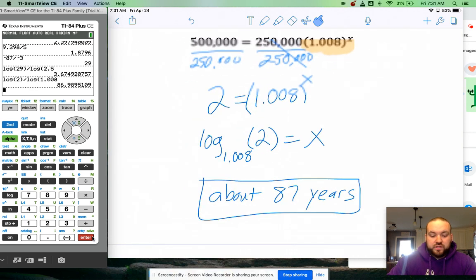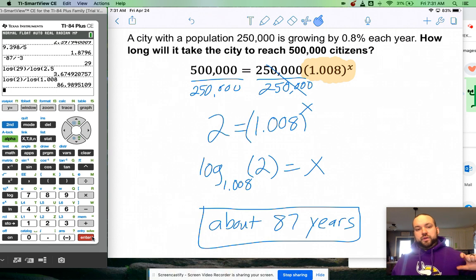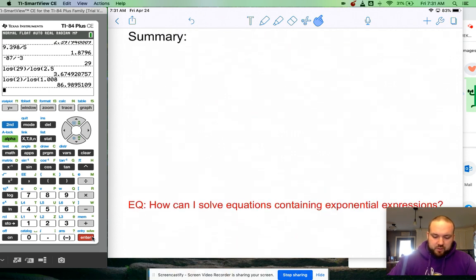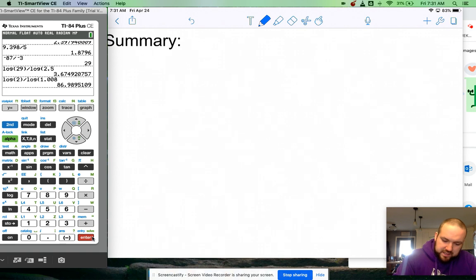So using what we learned in this video, we can now solve exponential equations when you have a present value and you want to know how much time it will take to get to a future value. This is used a lot in chemistry and sciences when you want to know how long it will take, what's the half-life of something, or how long it will take for there to be a certain amount of a substance remaining. So to summarize, how can I solve equations containing exponential expressions?